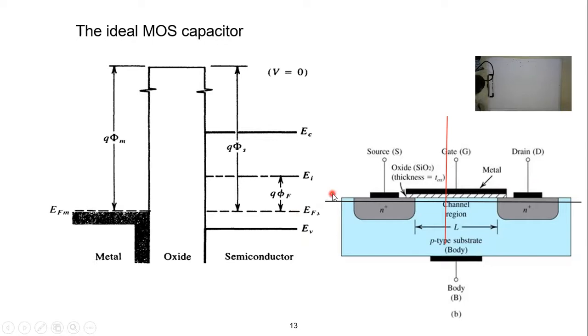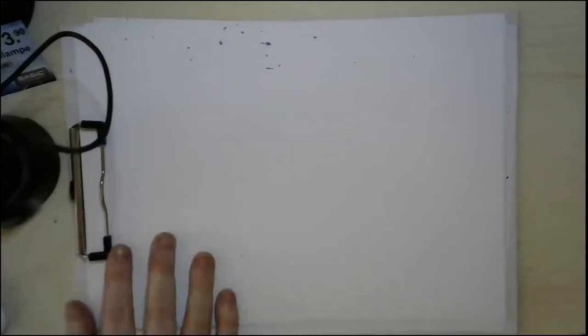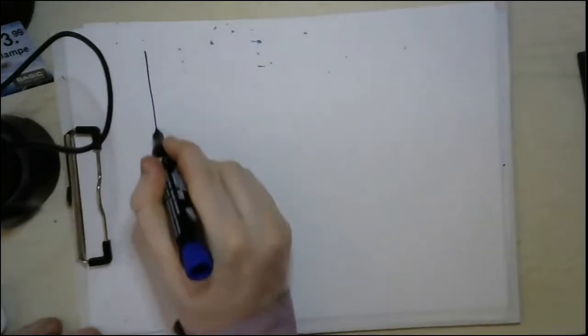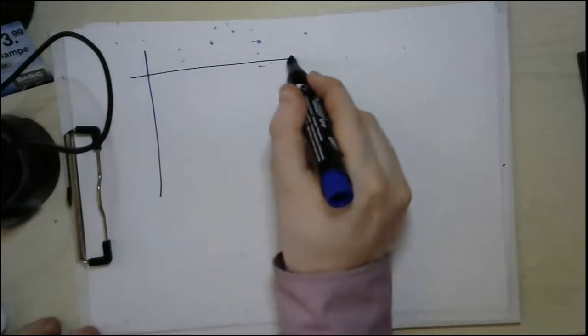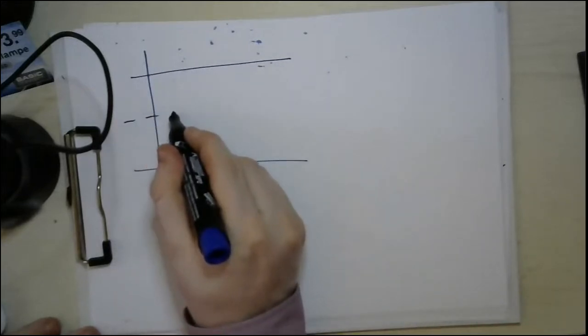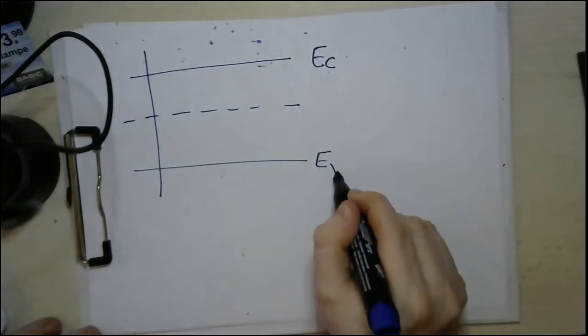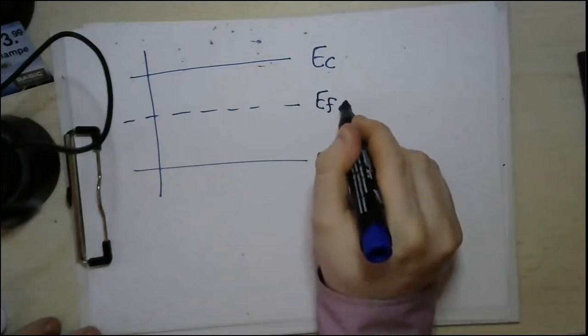Okay, but we have some new energy levels and some new terminology. The first new term is phi F. However, I believe that this phi F is somehow known by us. If you remember our previous lectures, this is EC, this is EV, and this is EFI, the intrinsic Fermi level.